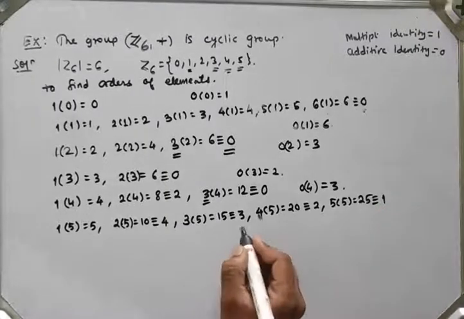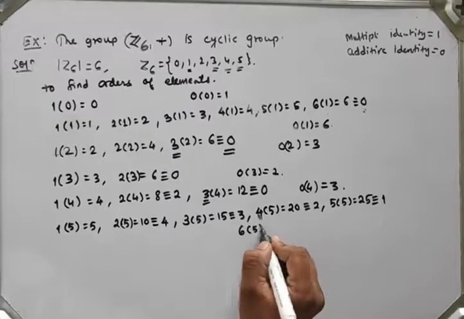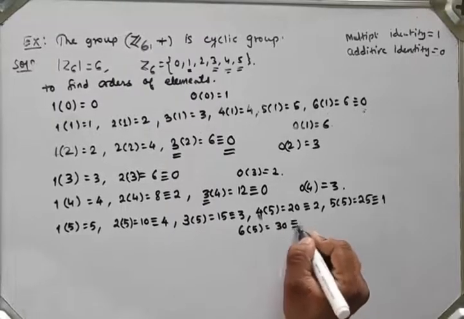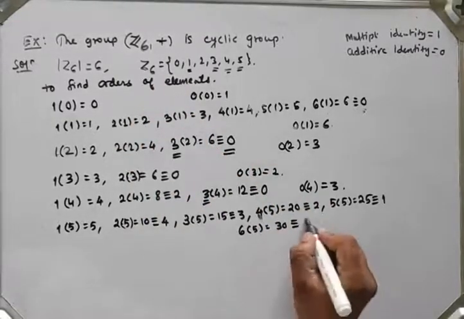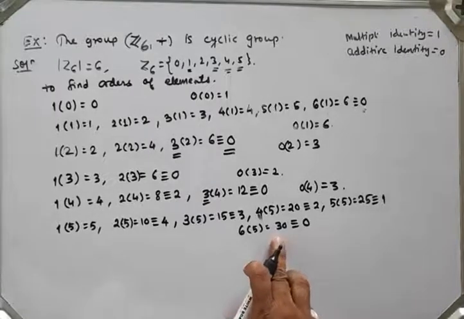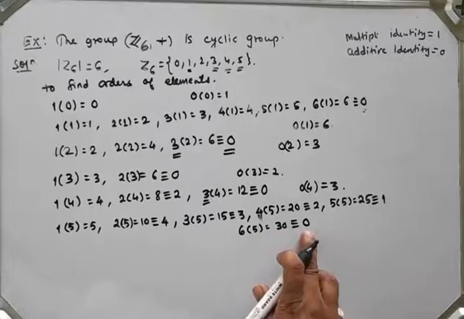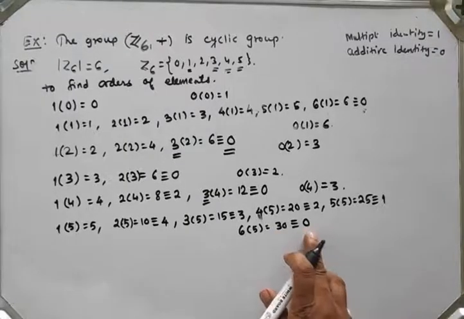So next, last, 6 into 5, which is 30, and modulo 6 it is 0, right? Because if I divide 30 by 6, the remainder is 0. So here I finally get 0.